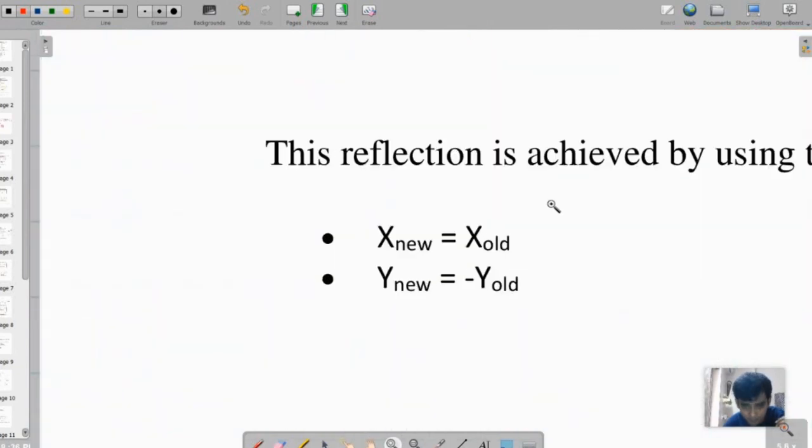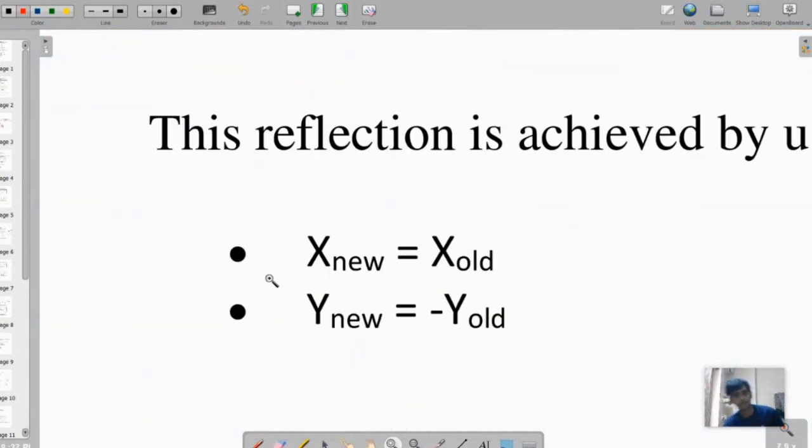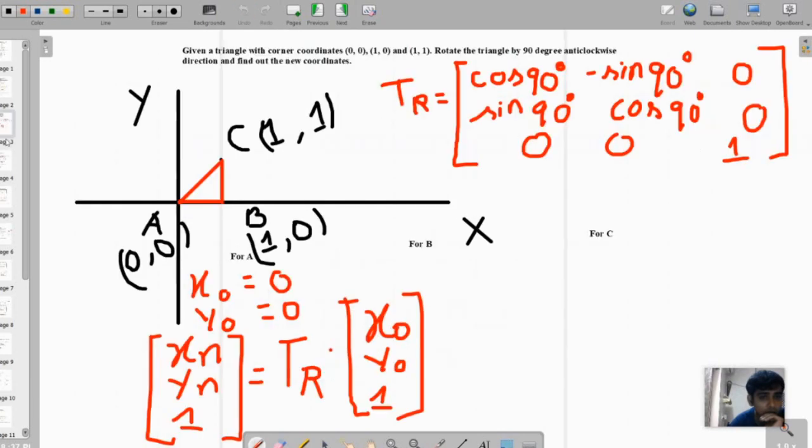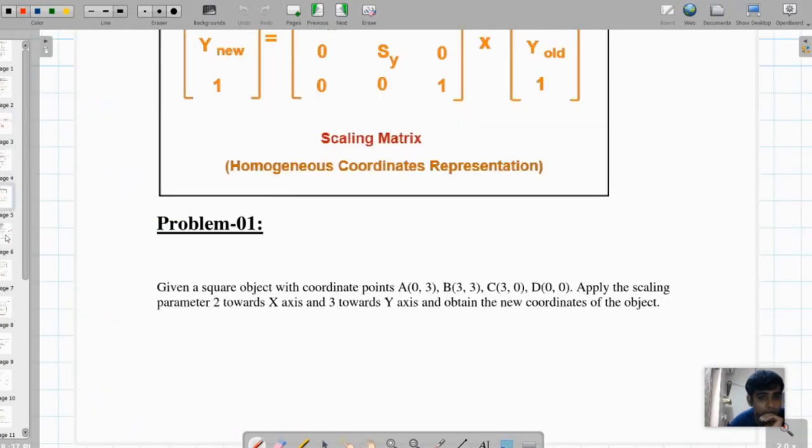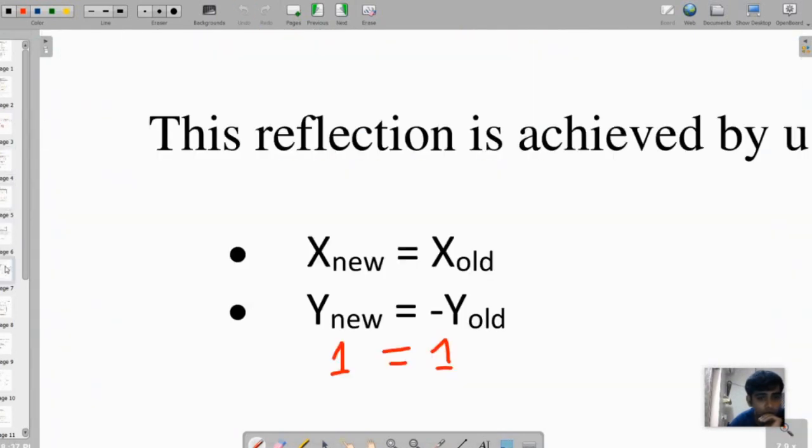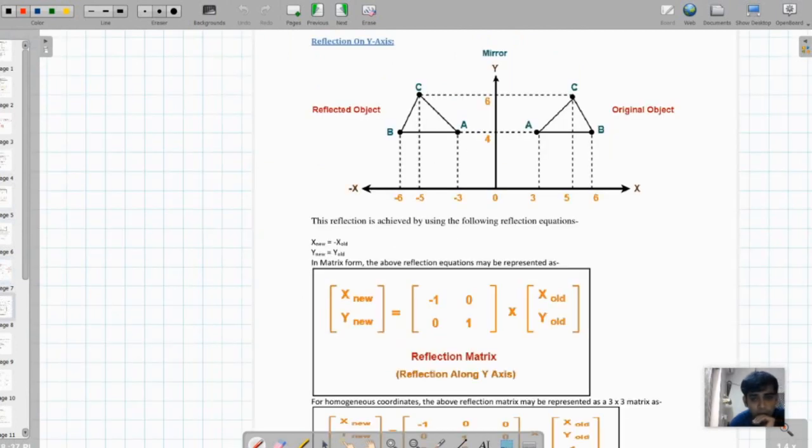So from this, you can actually derive the things. If you append a homogeneous one here, now have a look at the matrices.